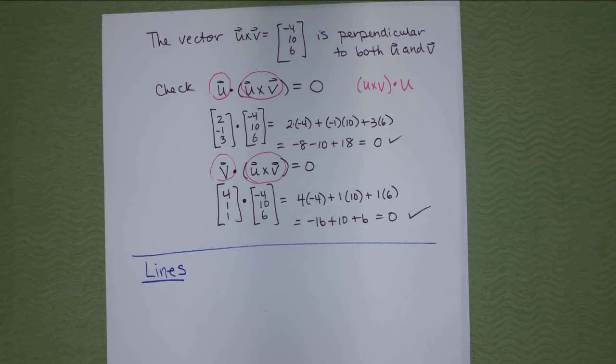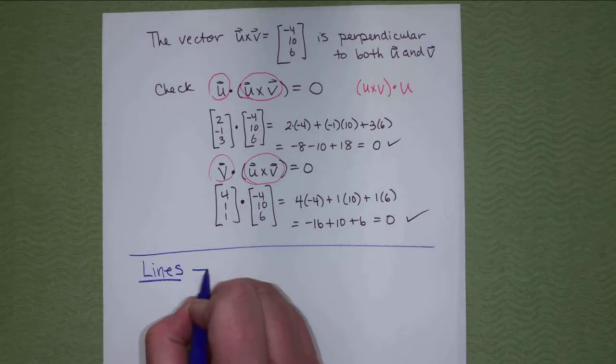So a vector, though, isn't a line. A vector is just a direction. A line is fixed in space, like it's stuck somewhere. So it has a position and a direction, where a vector is just a direction. You remember, you can pick it up and move it around, and it's still the same vector. It doesn't have to be stuck somewhere. A line is stuck somewhere.